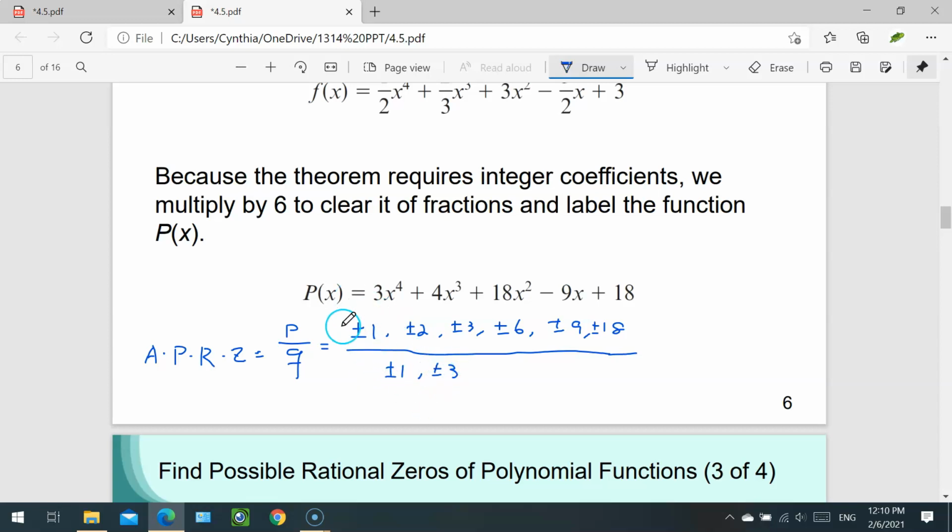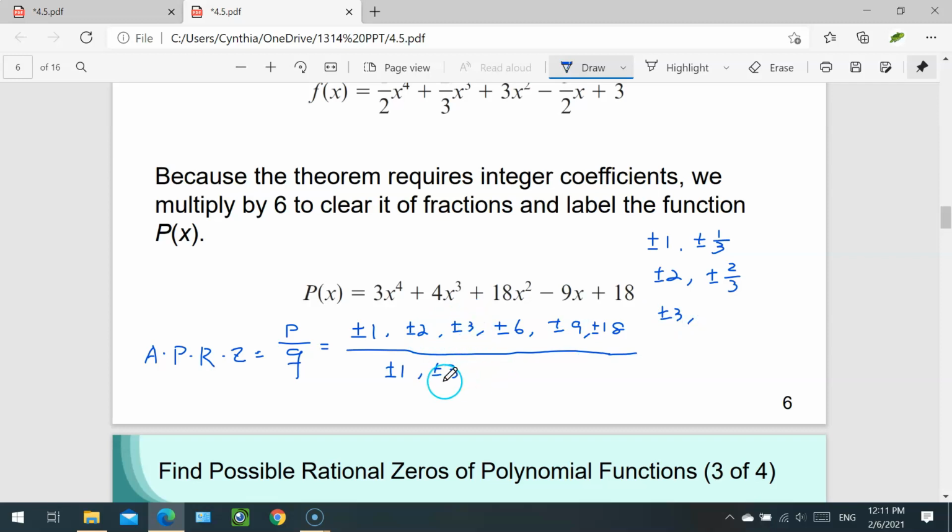And then from here, you select all possible selections, right? So you have positive negative 1, positive negative 1/3. Let me write down here, I'm going to put both signs together: positive negative 1, positive negative 1/3, positive negative 2, positive negative 2/3, positive negative 3.